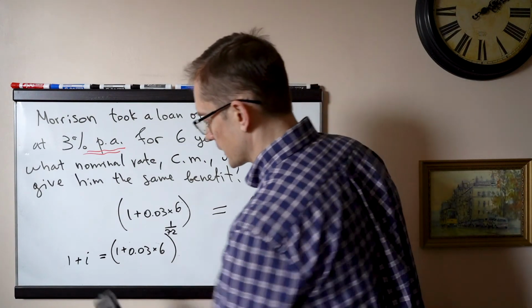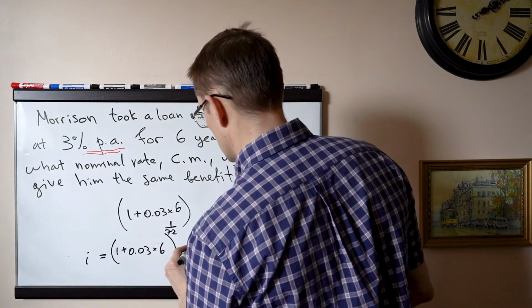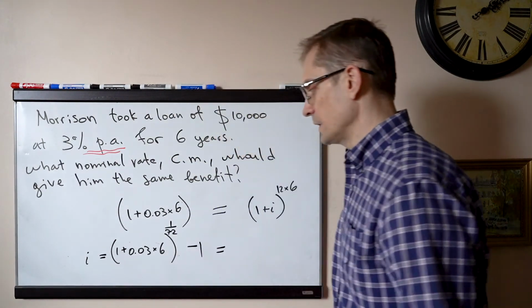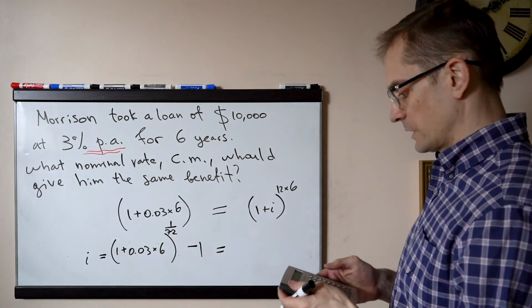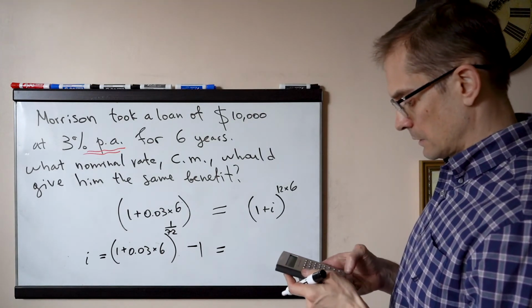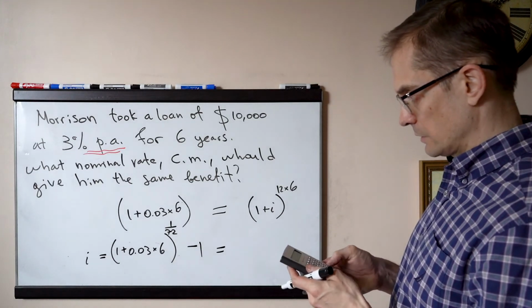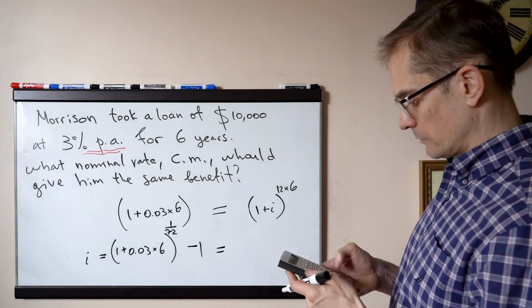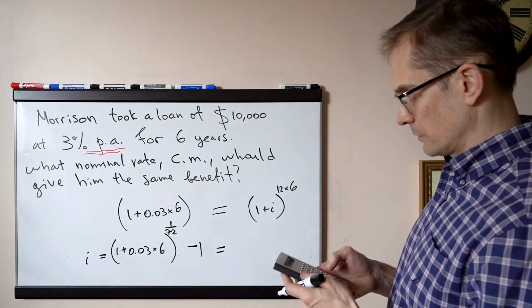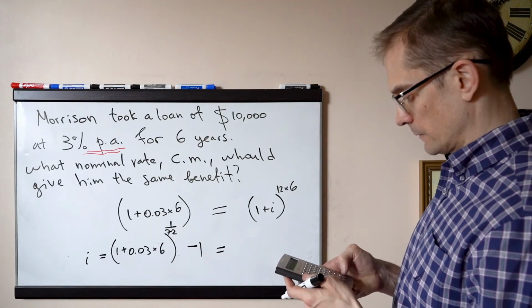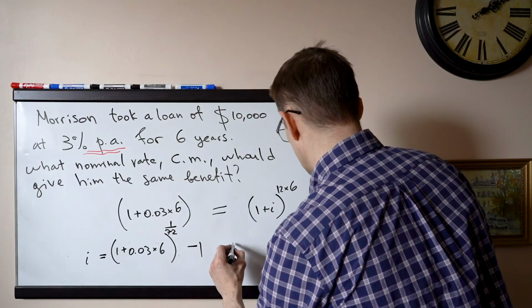And 1 can be moved now to this side. So we have 0.03 times 6 plus 1 exponent 1 over 72 minus 1.